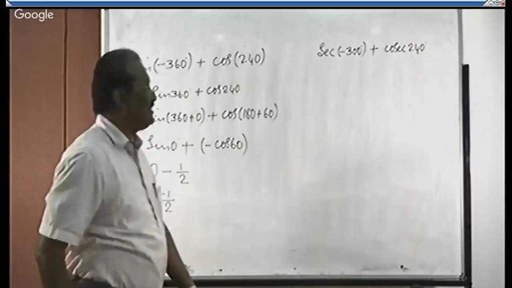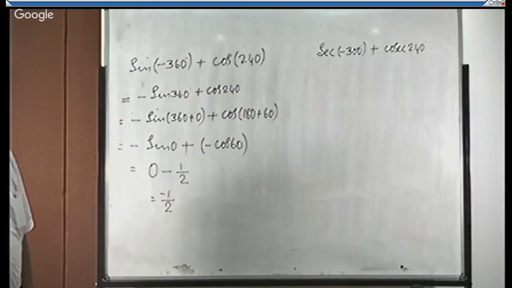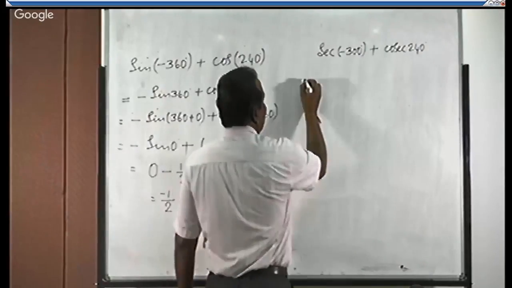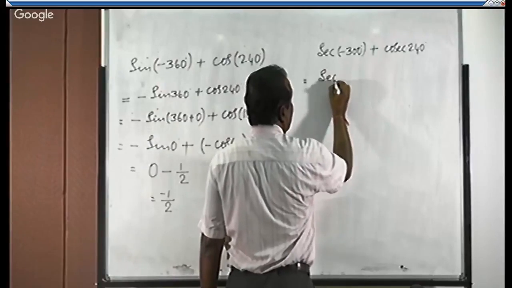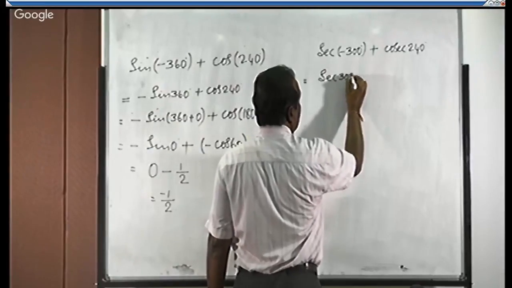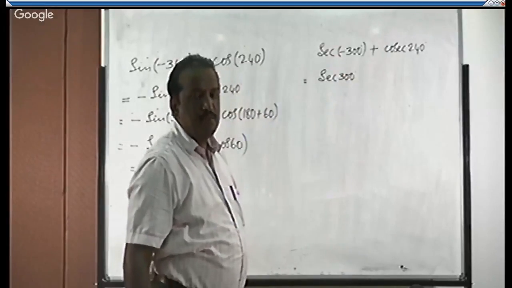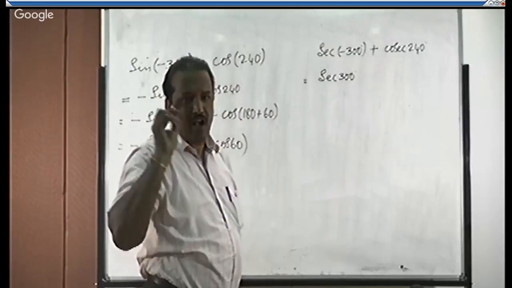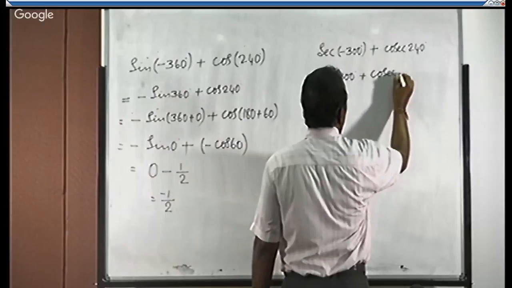Now, secant of minus theta is plus secant theta, please remember, because cos of minus theta is equal to cos theta. So then write down the cosecant 240.